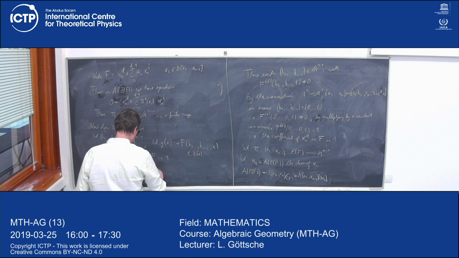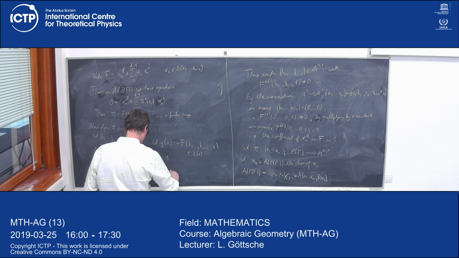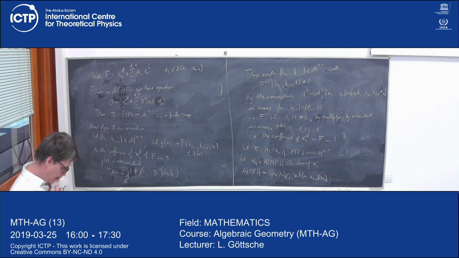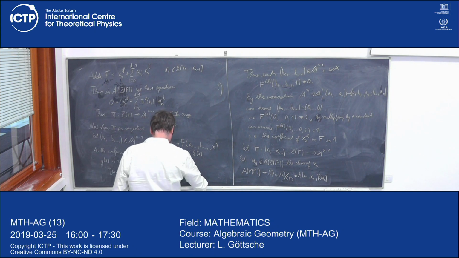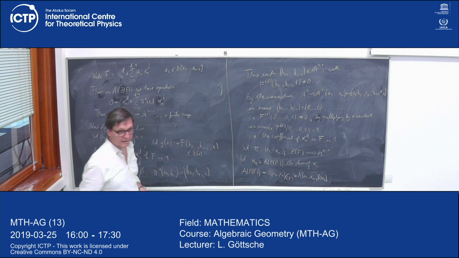However, then it means if I take p to the minus 1 of this point (b_1, ..., b_{n-1}), this is equal to the set of all points whose first coordinates must be (b_1, ..., b_{n-1}), and the last coordinate is some c, such that if I put it into f, I get 0.